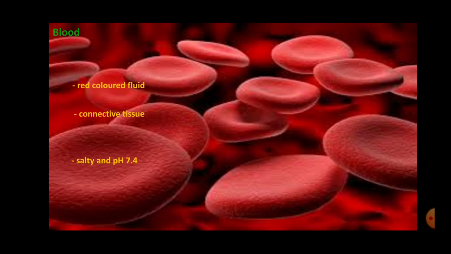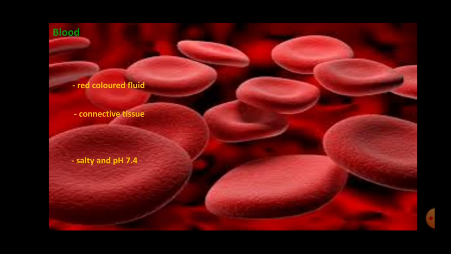The oxygen which we inhale gets mixed and dissolved in this hemoglobin and it forms oxyhemoglobin compound, and then it carries this oxygen to the different parts of the body. These red blood cells are produced in red bone marrow, that is the internal part of the bone, and their lifespan is about 100 to 127 days.